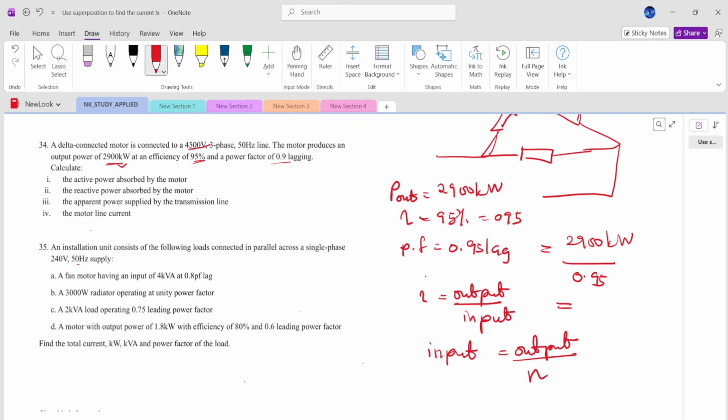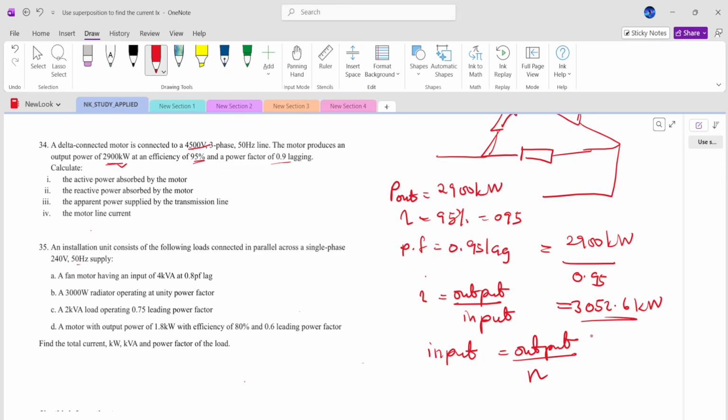So if you do that computation, you are going to have 3052.6 kilowatts. Good.